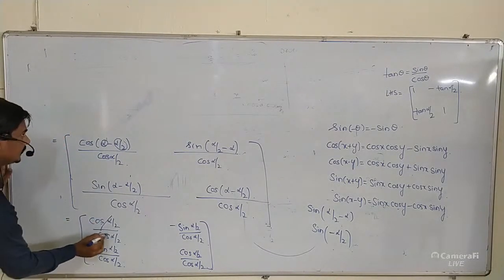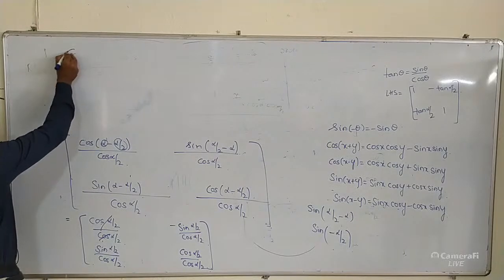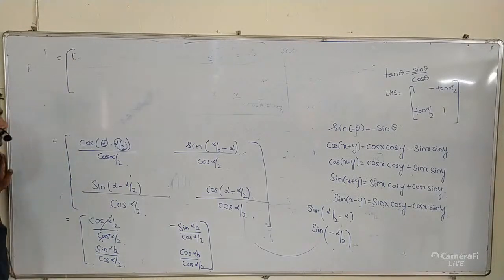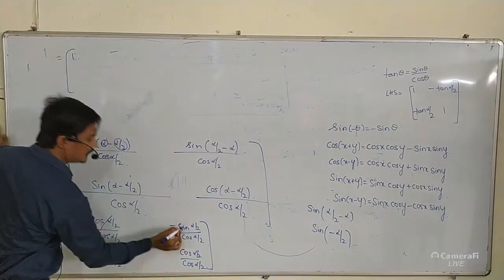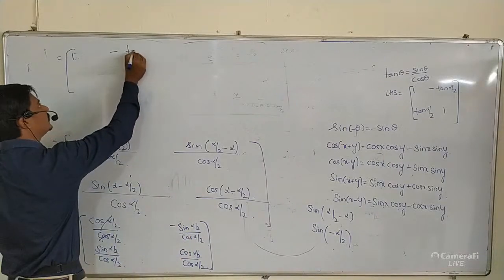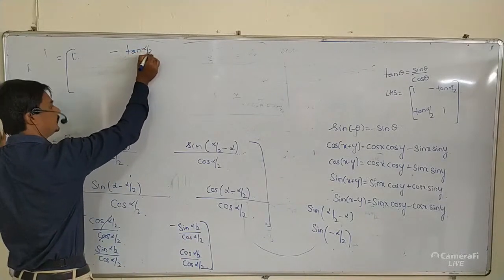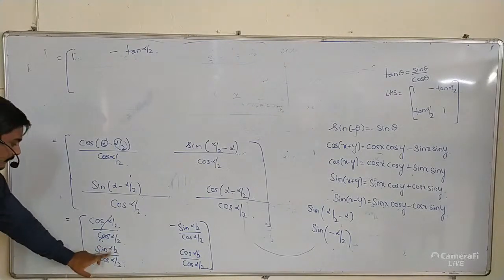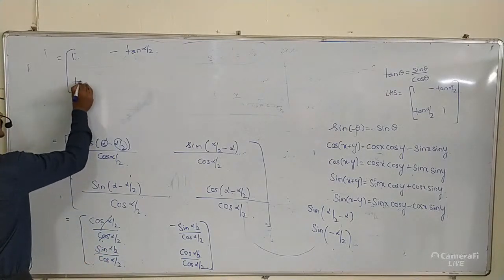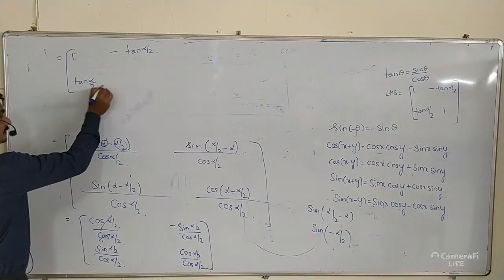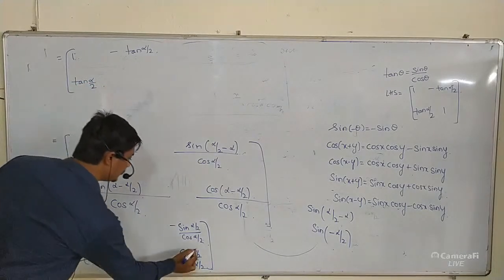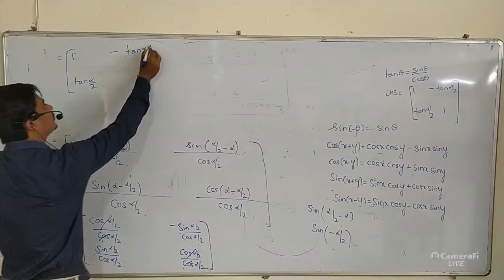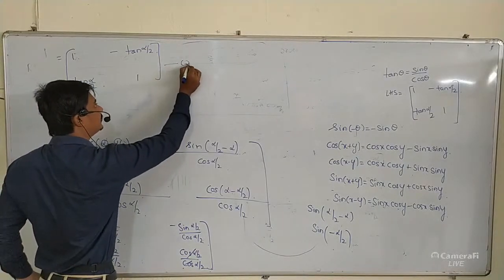So cos alpha by 2 and cos alpha by 2 cancel out. We get 1 minus sin alpha by 2 upon cos alpha by 2, which is tan alpha by 2. Sin theta by cos theta is our tan theta. Sin alpha by 2 upon cos alpha by 2 is our tan alpha by 2. This is our simplified right hand side.